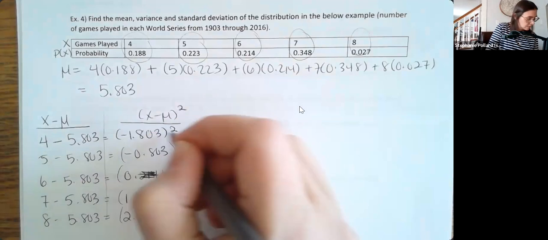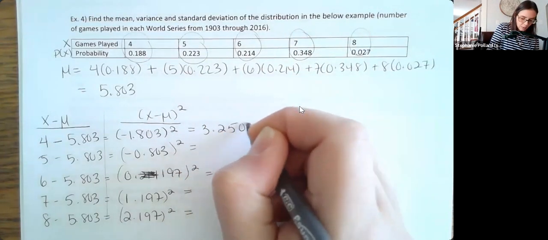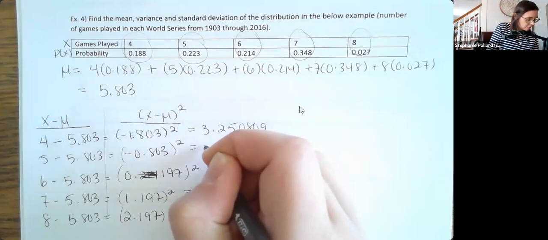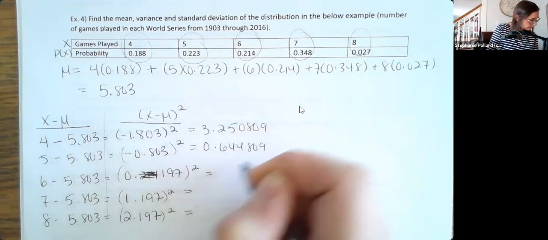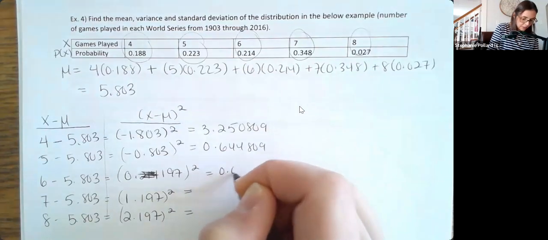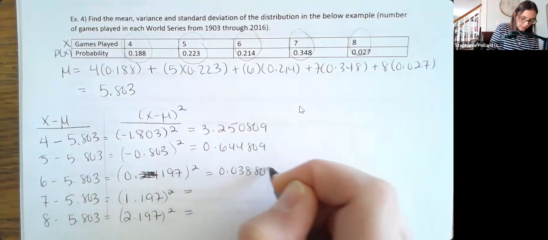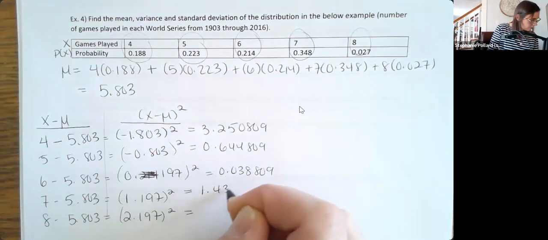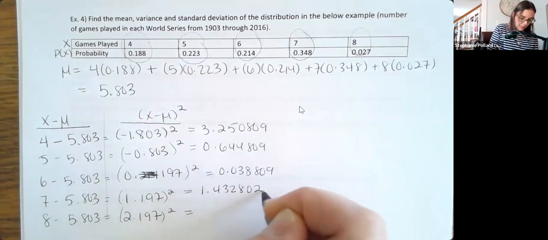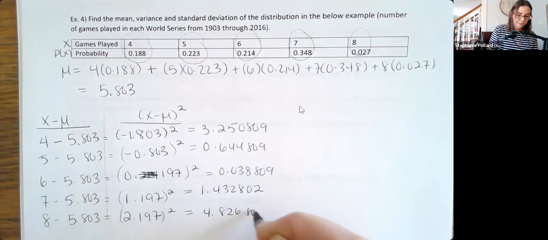So when I square this first value, I get 3.250809. For the second value, 0.644809. The third value, 0.038809. Then 1.432809, and finally 4.826809.